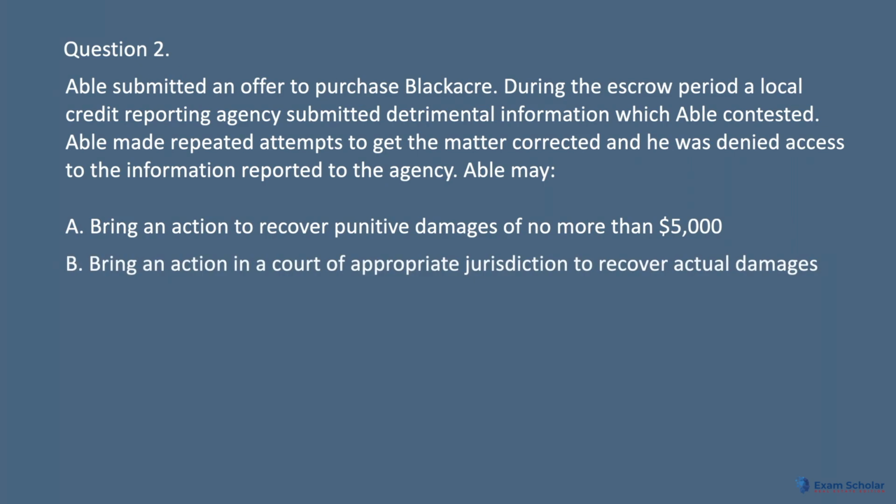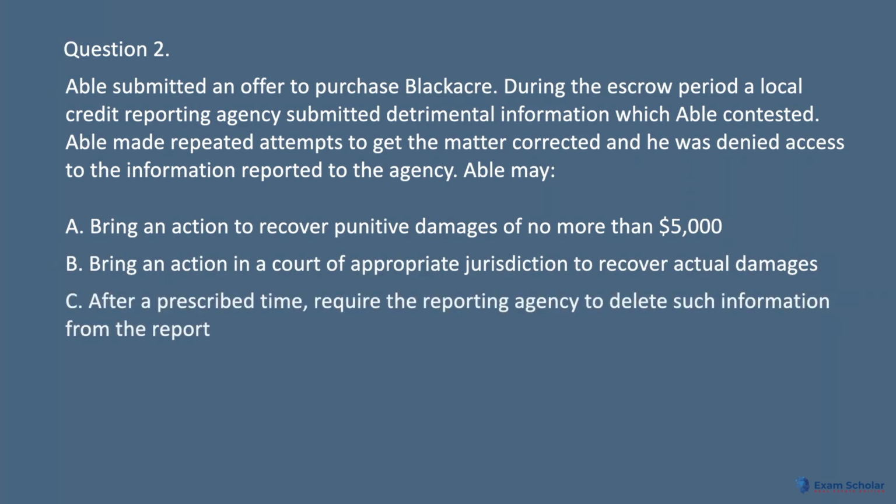B. Bring an action in a court of appropriate jurisdiction to recover actual damages. C. After a prescribed time, require the reporting agency to delete such information from the report. D. All of the above. Answer. D. All choices are open to the principal in question.